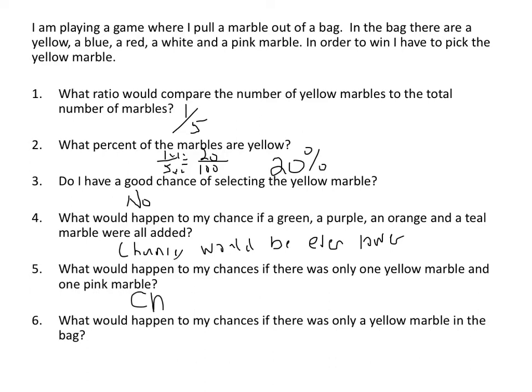The chances would increase, and I would have a 50% chance there, because half the marbles would be yellow. And what would happen to my chances if there was only a yellow marble in the bag? Well, then it would be certain that I would pick the yellow, because it's the only option I can pick.